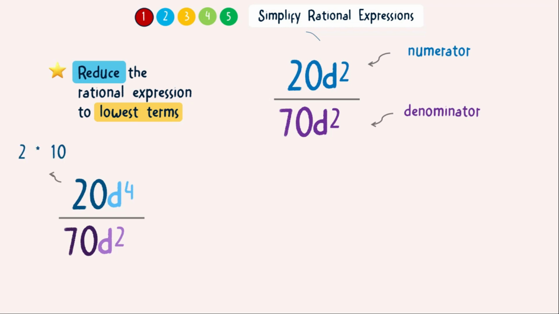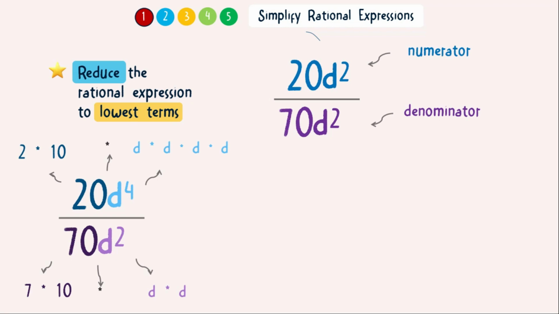So 20 will be 2 times 10, and d raised to the power 4 will be d times d times d times d, 4 times, like that. And 70 will be 7 times 10, and d raised to the power 2 will be d times d, and in the middle of 70 and d raised to the power 2, as you have already seen in 20d raised to the power 4, we also have times there.